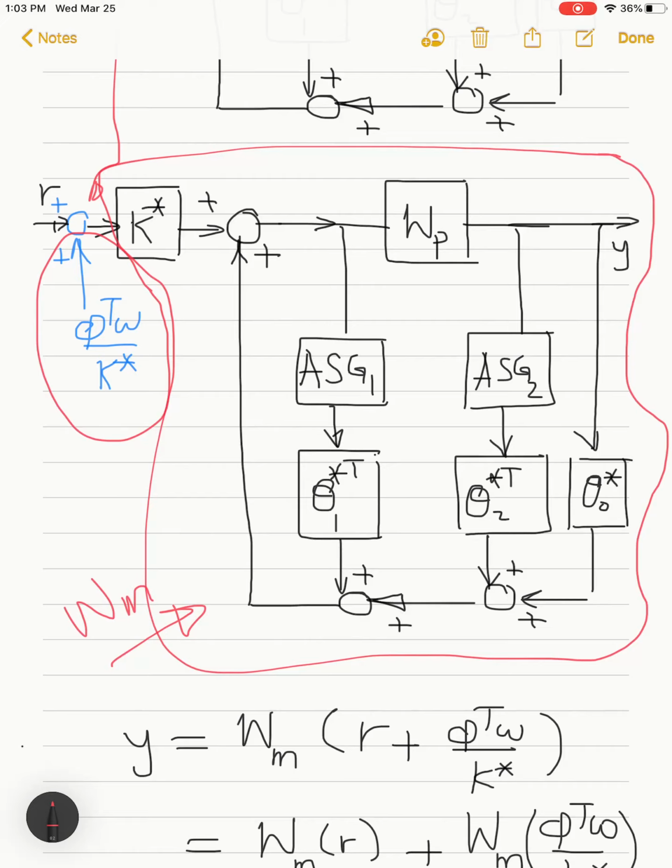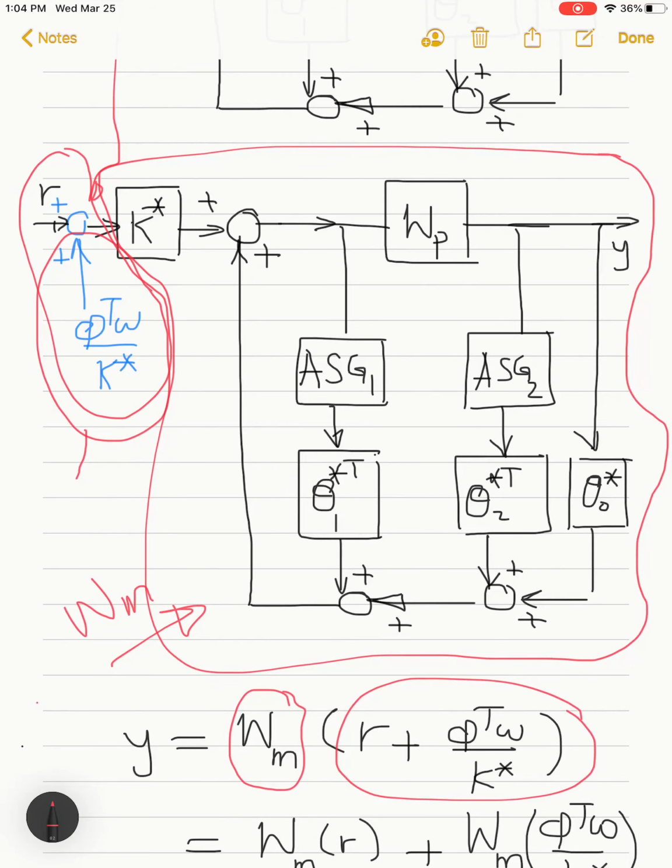If you compare this block within the red frame with the omega m, you will find them identical because I have k star, theta 1 star, theta 2 star, and theta naught star in all the branches. So I can then write y as omega m, the transfer function omega m, with inputs which is the summation r plus phi transpose omega divided by k star, as I did here.